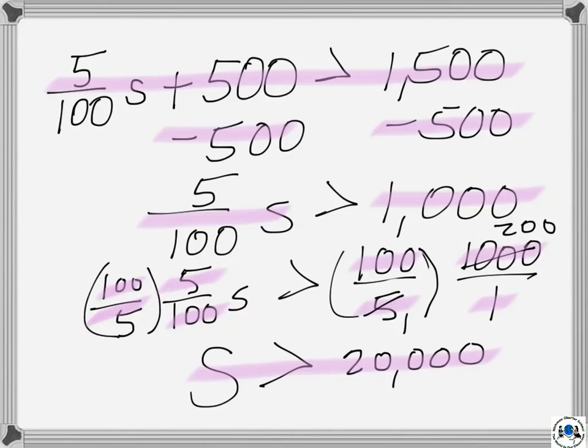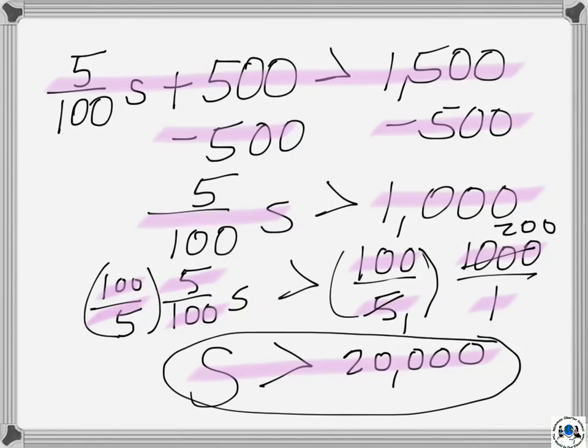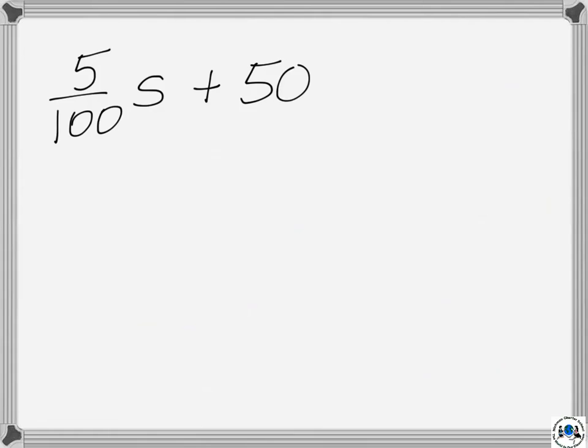Okay, more than $1,500. So of course, what I'd like to do is go back and actually plug in our solution here, which is this $20,000. Let's go ahead and plug that into that inequality there. And let me go ahead and get a fresh sheet here. So 5 over 100 S plus 500 greater than 1,500.